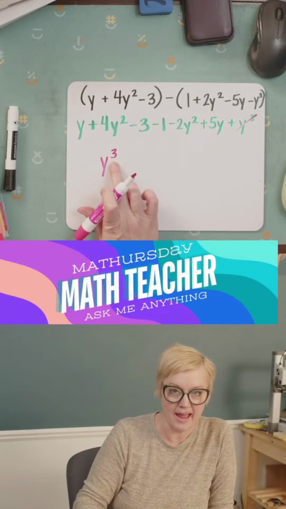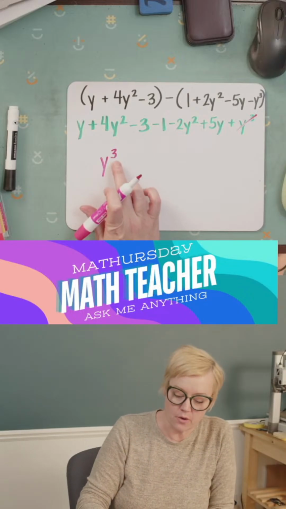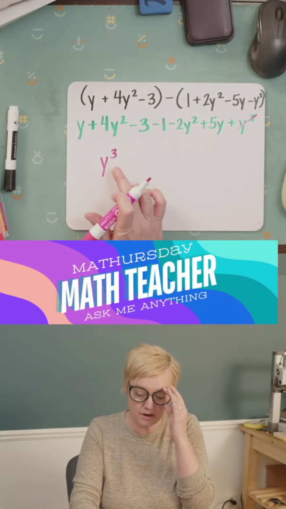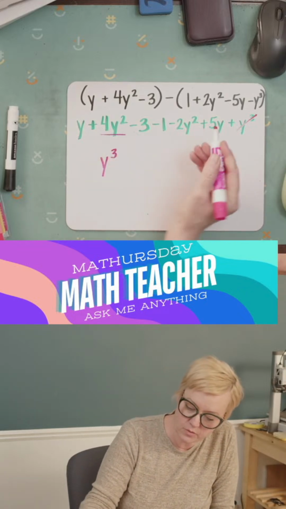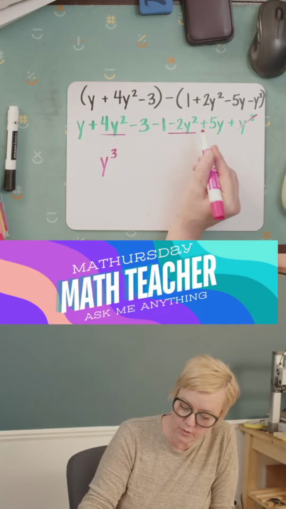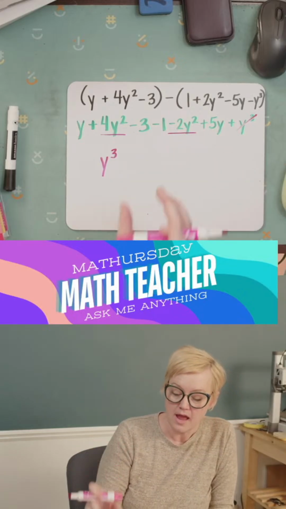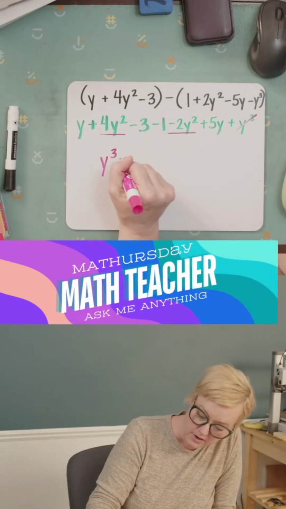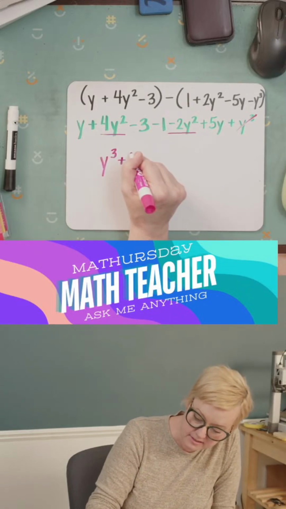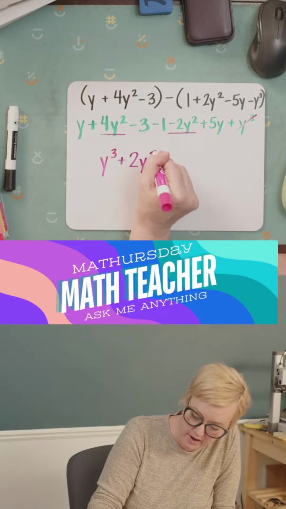After 3 comes 2, right? So after y cubed, next are all my y squared terms. I've got 4y squared minus 2y squared. When I put those together, I don't change the exponent, I only change the coefficient. 4 minus 2 is 2, so that's plus 2y squared.